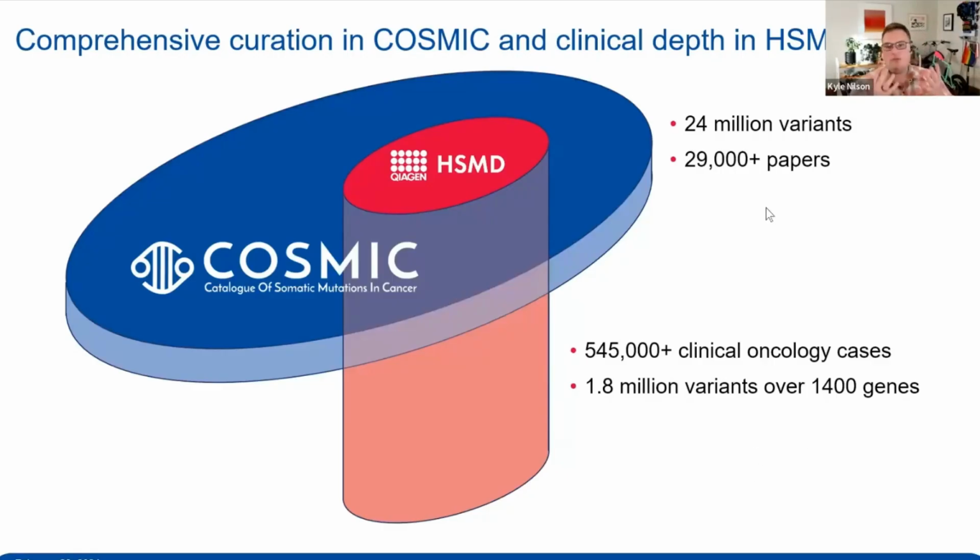So something that I like advocating is taking advantage of all the data that you have. So for COSMIC and HSMD, it could make sense to use COSMIC for your initial screening and then HSMD in order to dig further in depth.